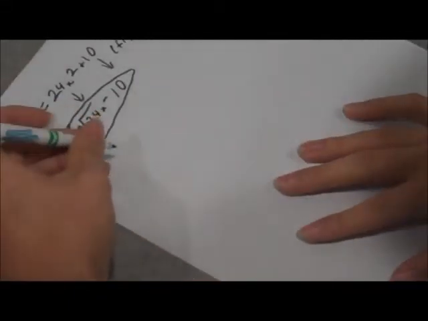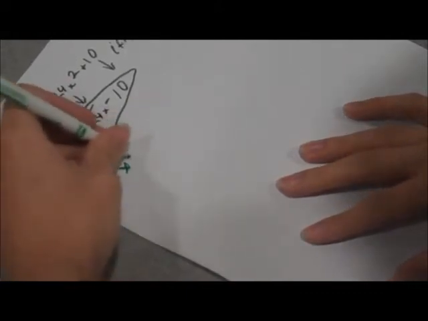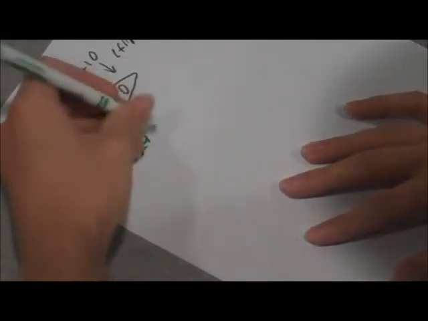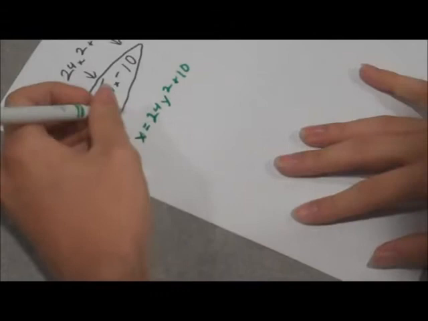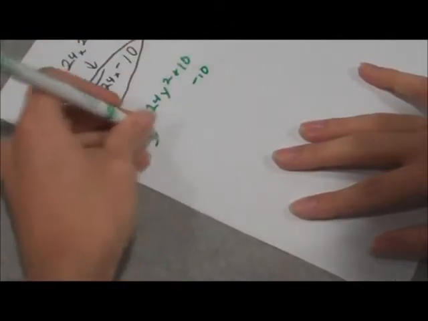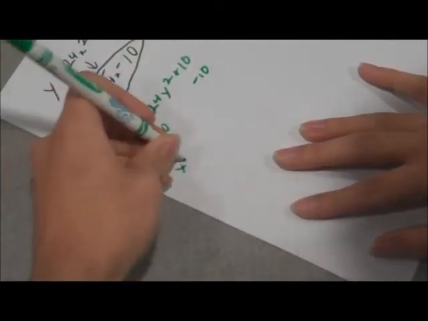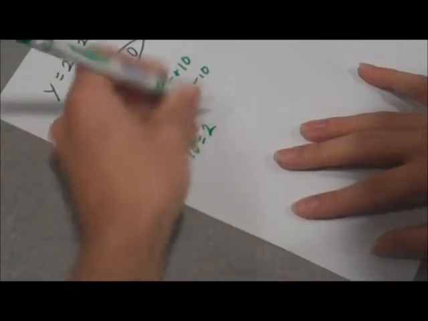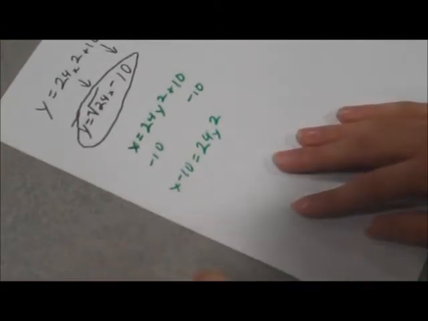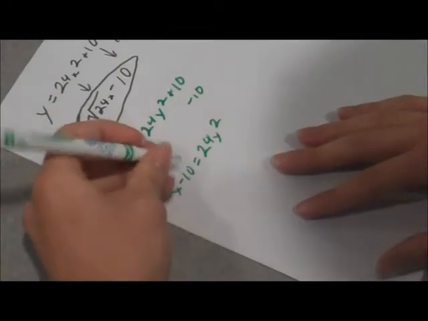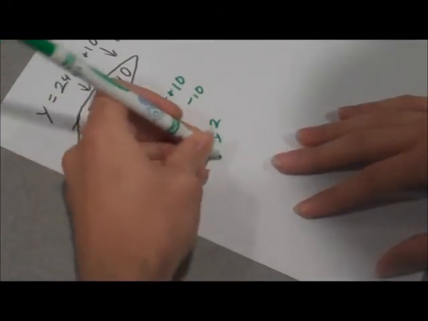What you have to do here is you have to first switch the x and y variables. Then you must subtract 10 from both sides, leaving you with x minus 10 equals 24y squared. Then to simplify this further, you're going to have to divide by 24 on both sides.